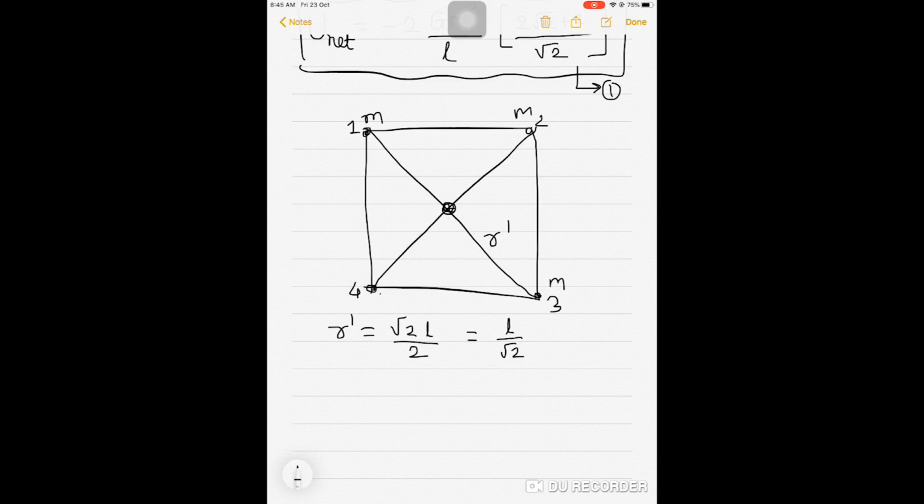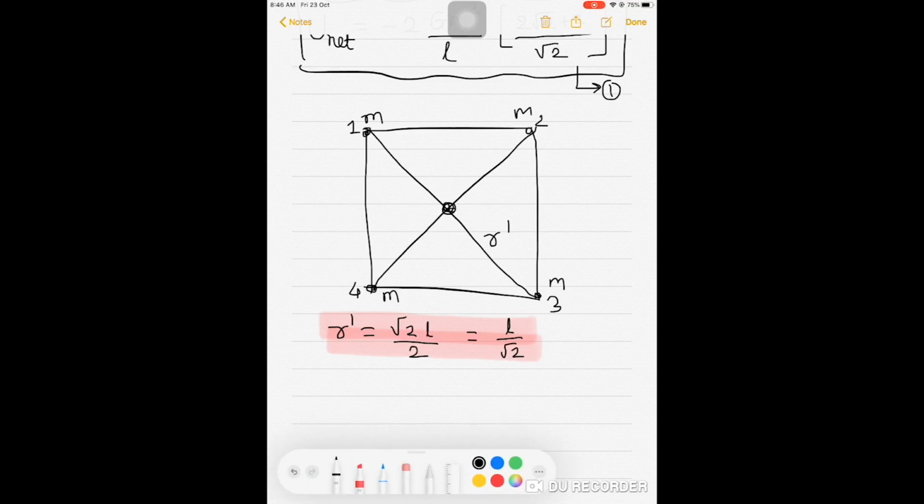and m is given. Then at the center we can say that this r dash will come into the picture, and the new distance will be L by root 2, and this L by root 2 is total 4 times, because there are total 4 particles lying, but at the center we have considered a unit charge or a unit mass.